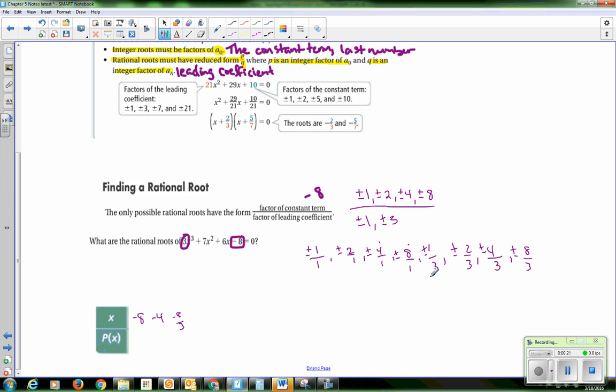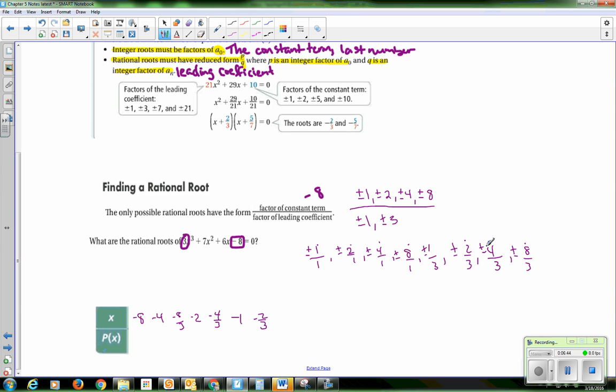Then we have negative 2, negative 4/3, negative 1, negative 2/3, and negative 1/3.